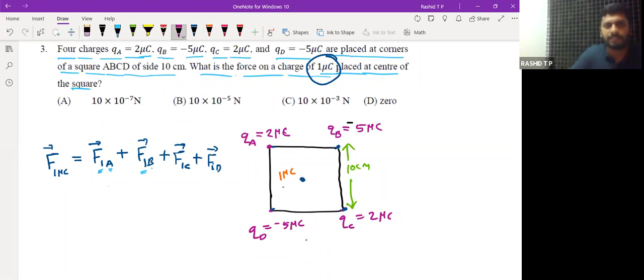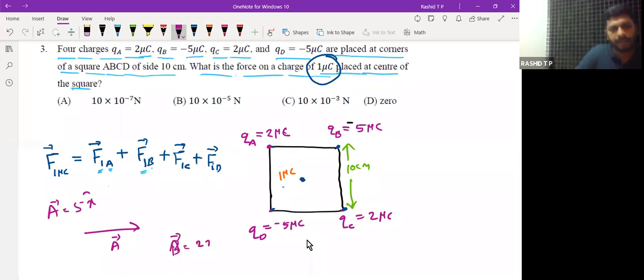Now, if I draw the picture here, you know the vector in mathematics. If you have a vector A equal to 5x cap, you can draw this vector A, and vector B, that is 2x cap, you will draw with a little smaller length. If the magnitude is larger, then the length of that vector will be larger.